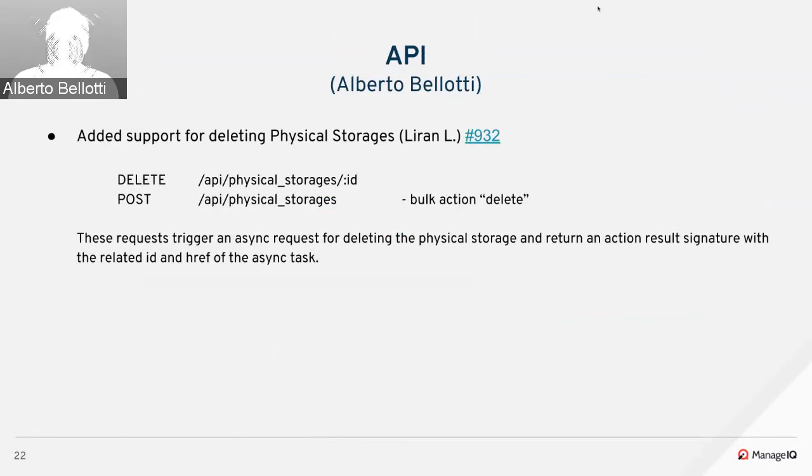That's the standard post signature if we want to do bulk actions on those. Those requests trigger an async request in the background, so you get the normal action result signature with the ID and href of the async tasks created.